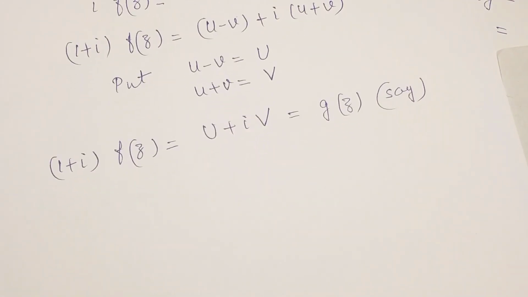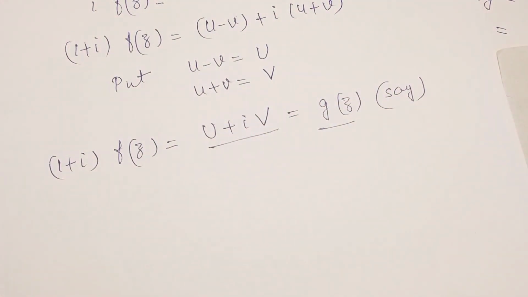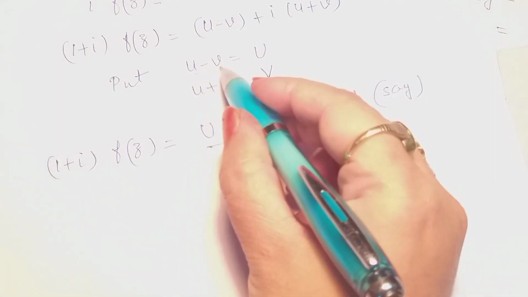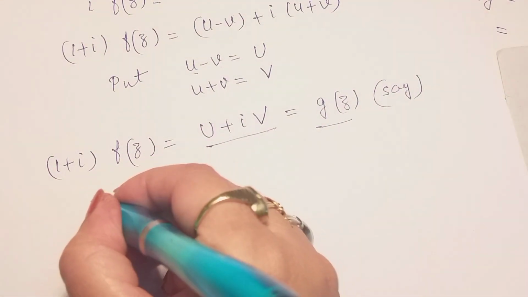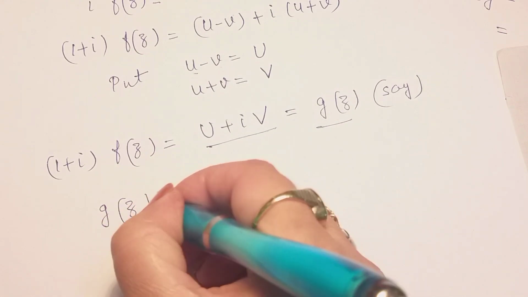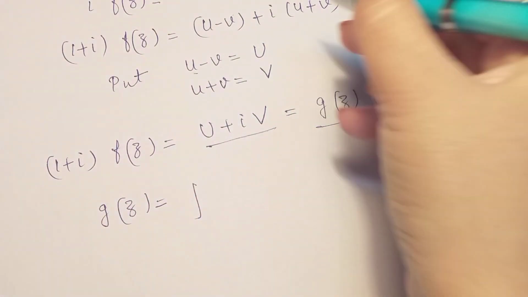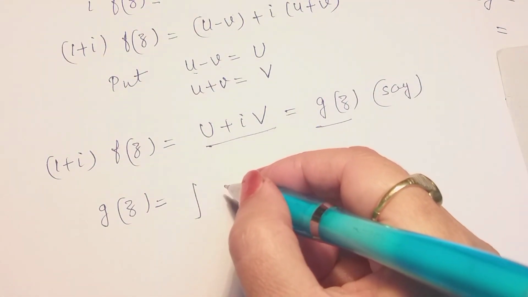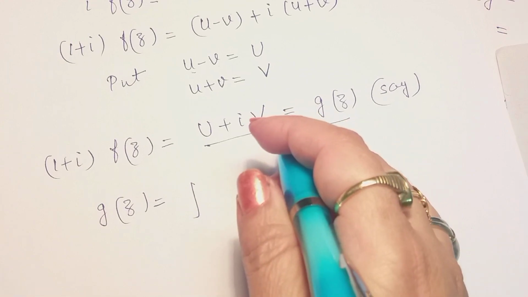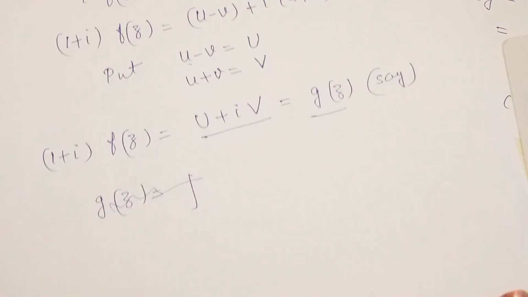Now we apply Milne-Thomson method on this new function g(z). Where U is given, means u minus v is given here. So g(z) is equal to integration of theta 1 (x, y). We find out del U by del x here.